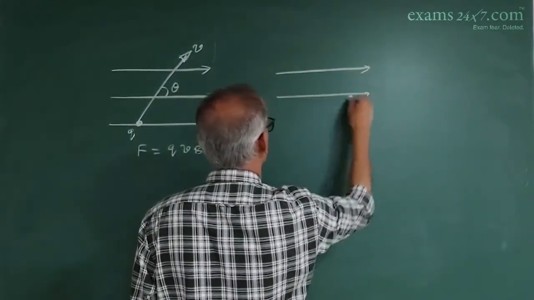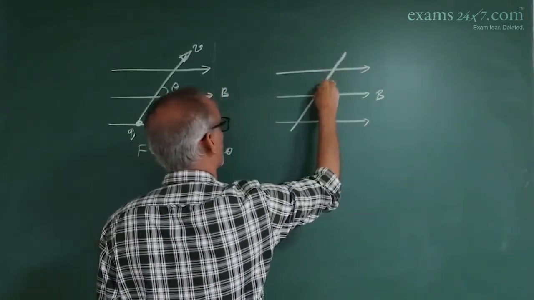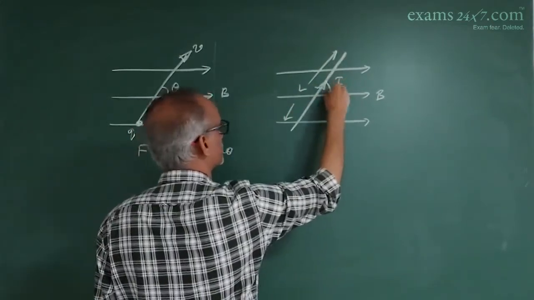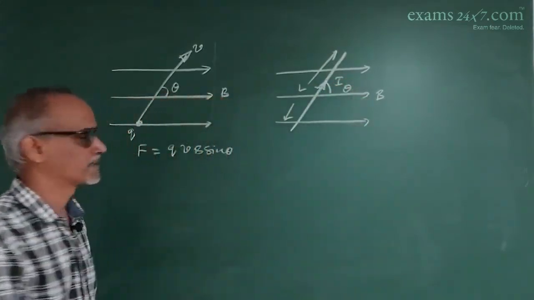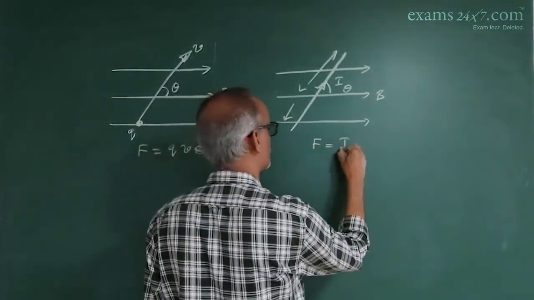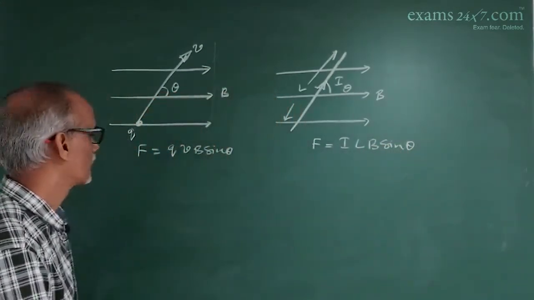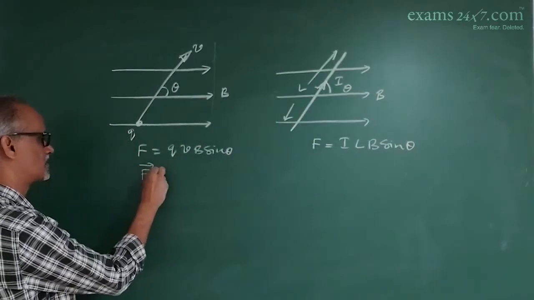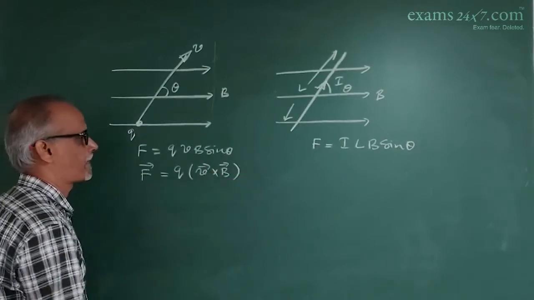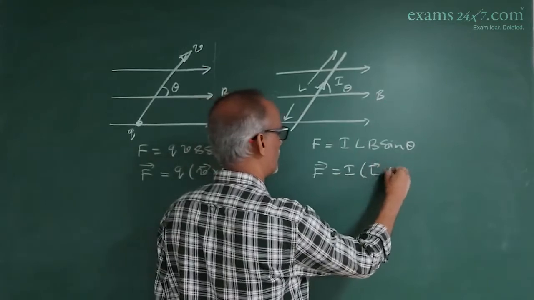If there is a current carrying conductor of length L in a magnetic field which makes an angle theta, then it experiences the mechanical force which is given by F is equal to I L B sin theta. The vector form of the first is vector F is equal to Q into V cross B. The vector form of the second equation is vector F is equal to I into L cross B.